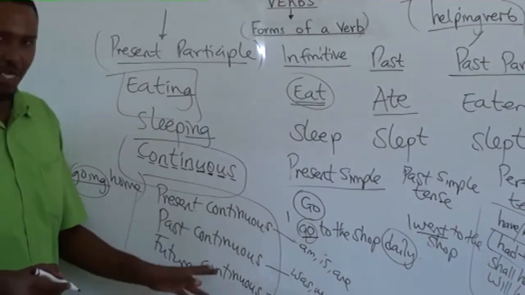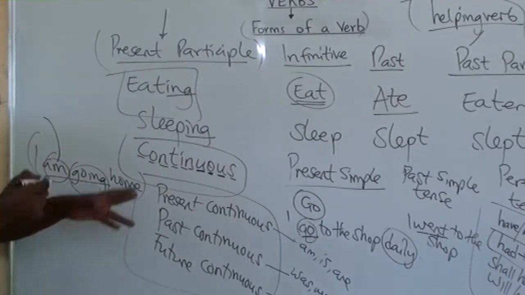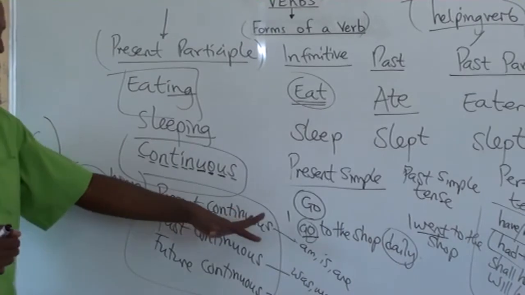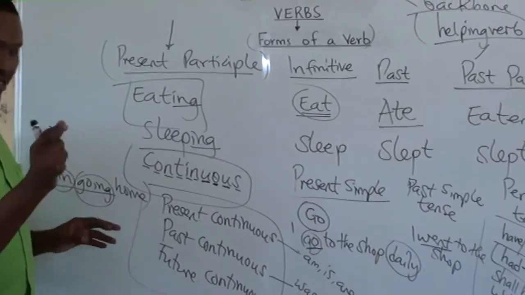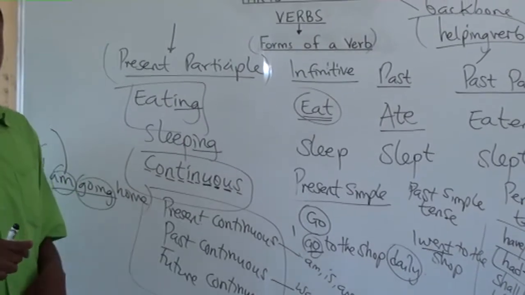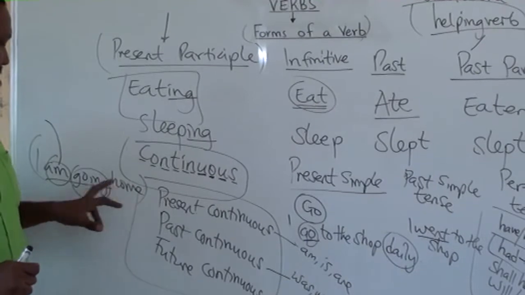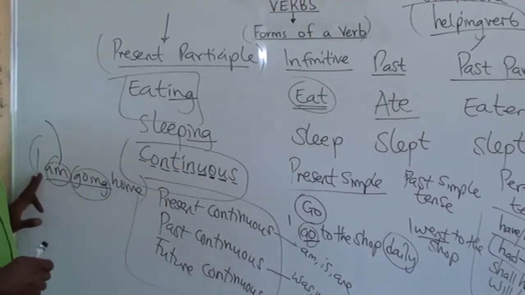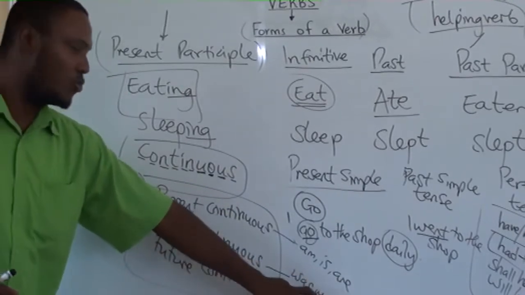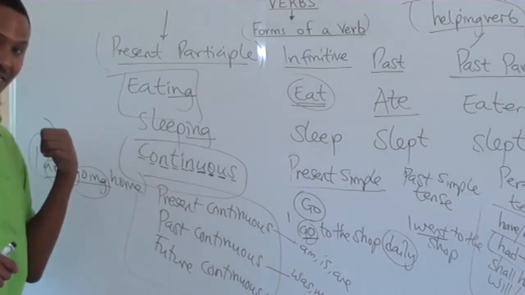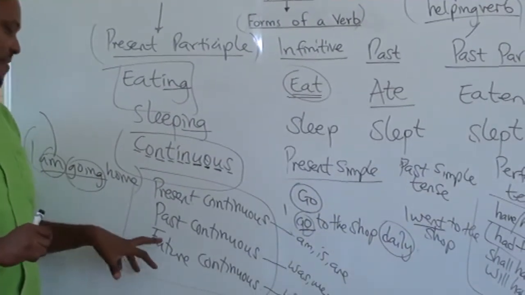We use am with I. In another lesson you're going to see the usage of the pronouns, the persons, and the verbs that are supposed to be used with these persons. Past continuous form of am going home: I was going home. If you were to use were, then we have to change the person. They were going home.